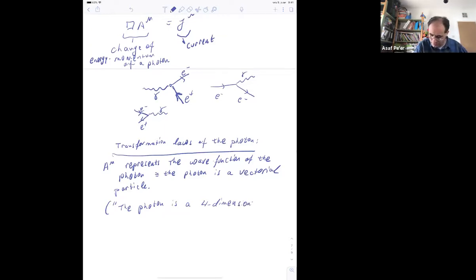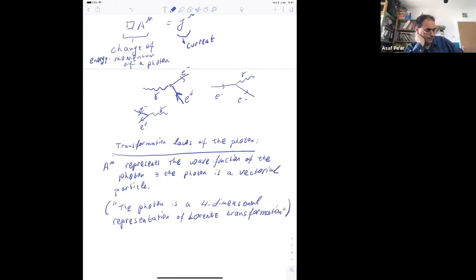All it says is that the components of the photon four-vector transform as a vector, meaning that if we have two observers looking at the photon, one moving with respect to the other, then each one will give a description according to that of a vector.